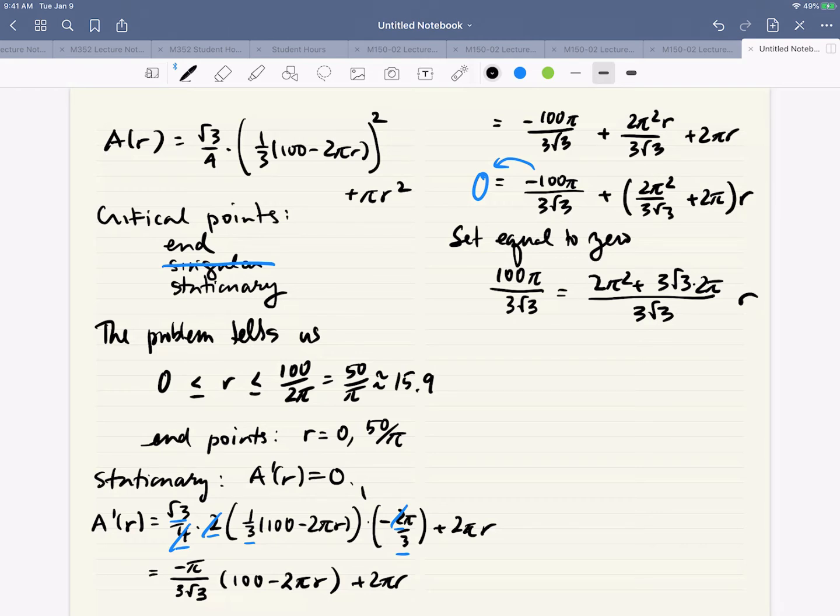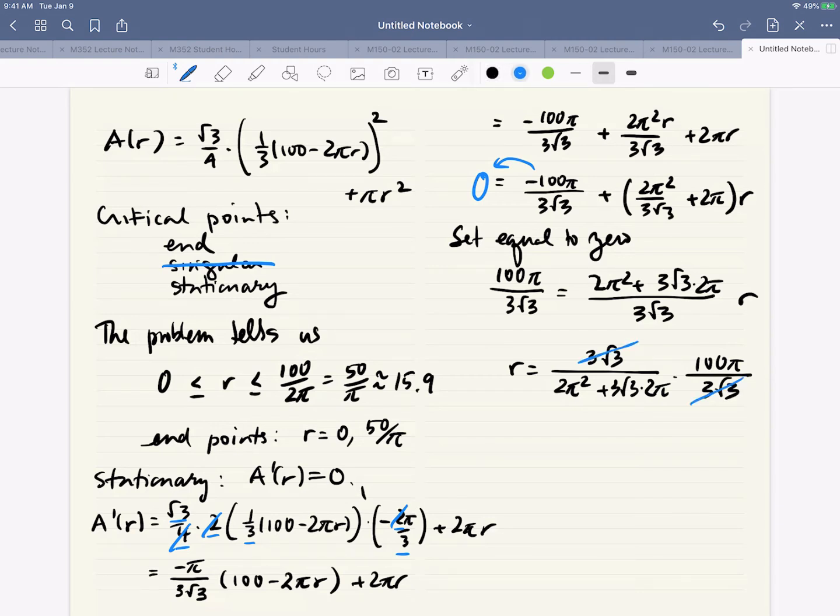With that done, I'm going to multiply both sides of this expression by the reciprocal of the number multiplying r, and that's going to give me r equals 3 root 3 over 2 pi squared plus 3 root 3 times 2 pi times 100 pi over 3 root 3.